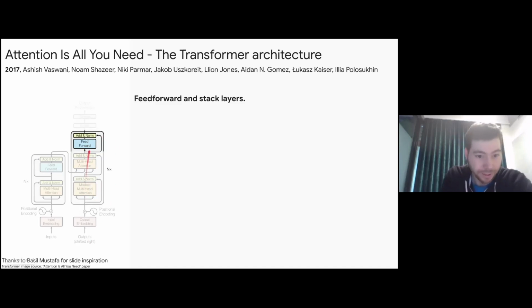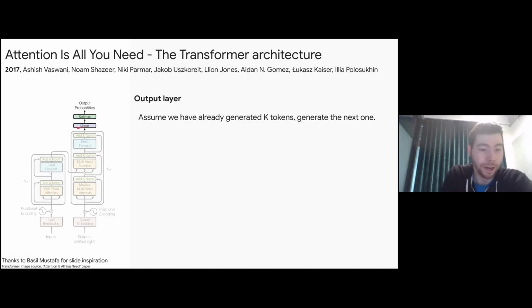And again, repeat this 6 times, 12 times, depending on how deep your model is. And then at the output, we have an output for each token that we already generated, plus the one we currently want to generate. This is transformed with just a linear layer and softmax into a probability distribution over all possible tokens. Then we sample from this and pass it into the input again.